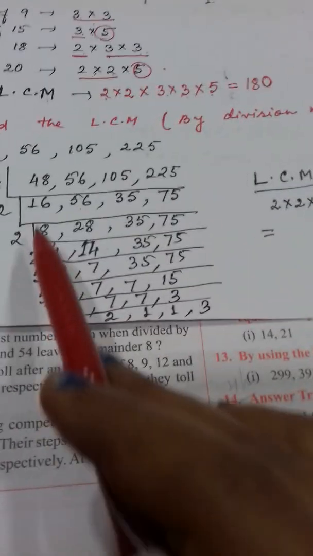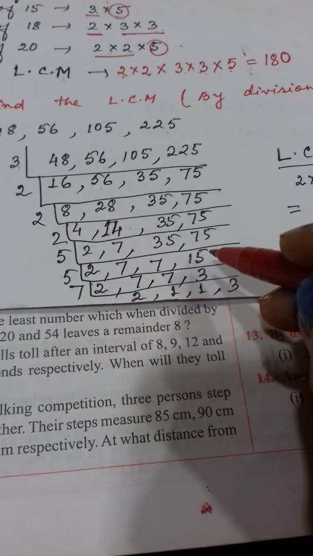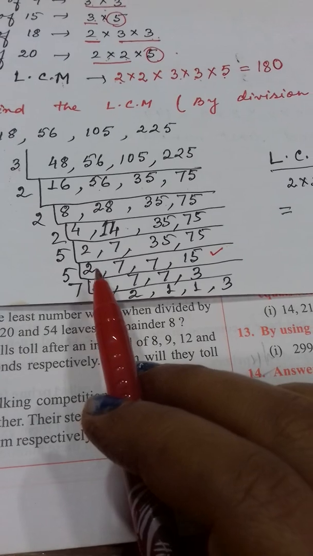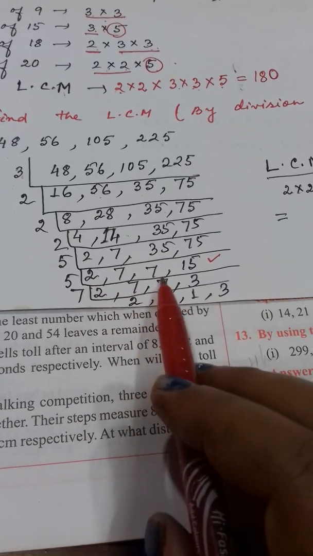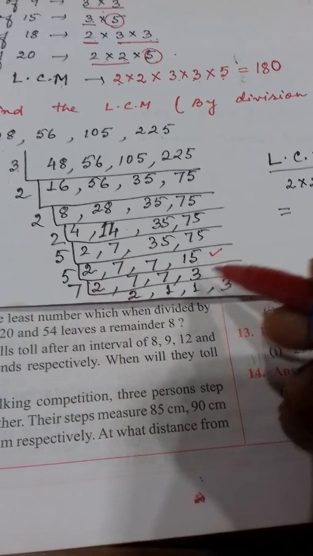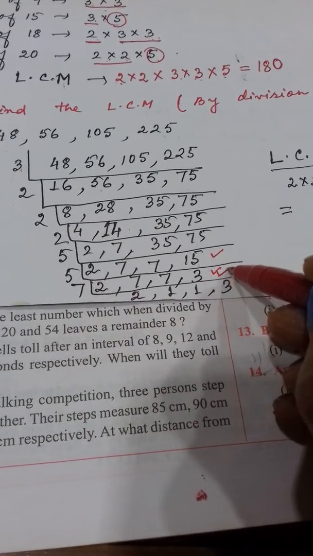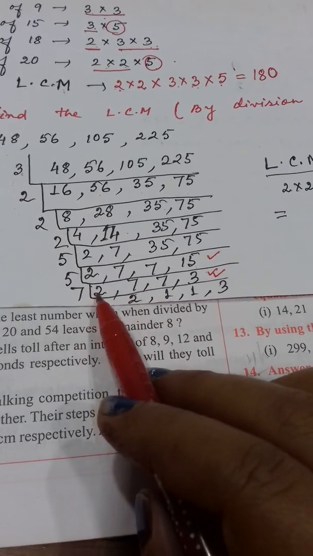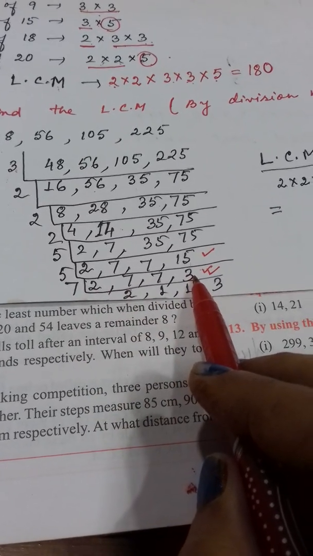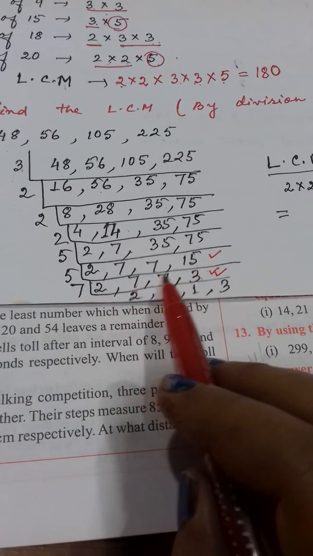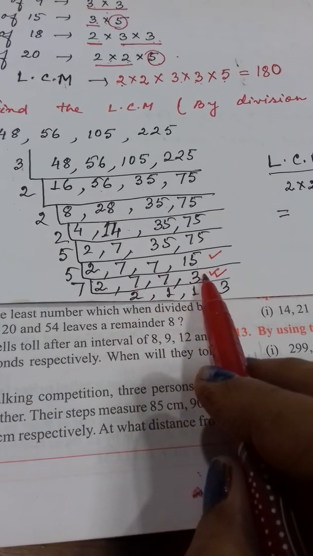Clear? After writing all, see here it has come in this line: 1, 2, 2, 7, 1, 15. So it can be further divided by 5. Now in this line you very carefully observe. Here 2, 7 are there, 1, 2 is there, 1, 3 is there. All are prime numbers. Clear or not? But I didn't stop my division over here.